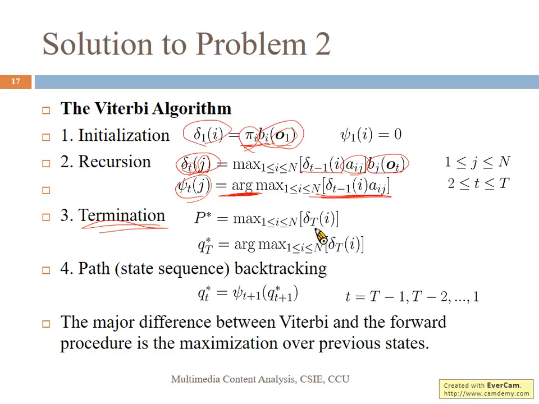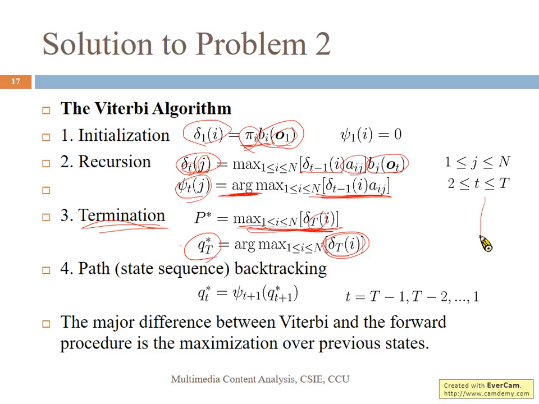It terminates at time capital T. For delta T(i), we find the maximum over all possible i, because i may be from 1 to N, and q_T star is the state that generates it.